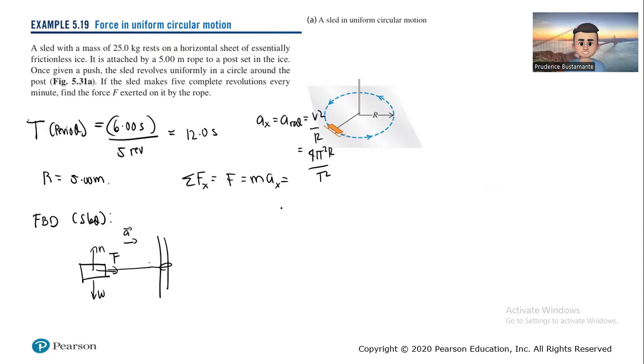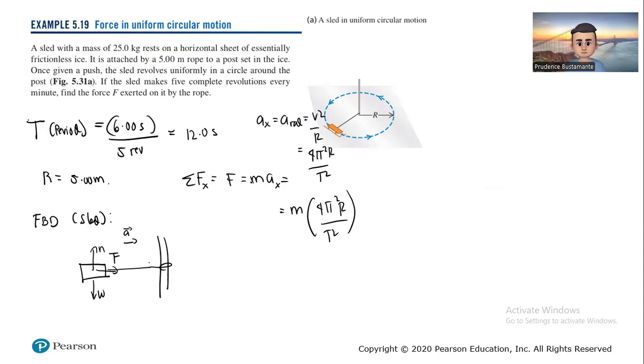So this is equal to m times 4 pi squared R over T squared. We're using this because the given is the period.